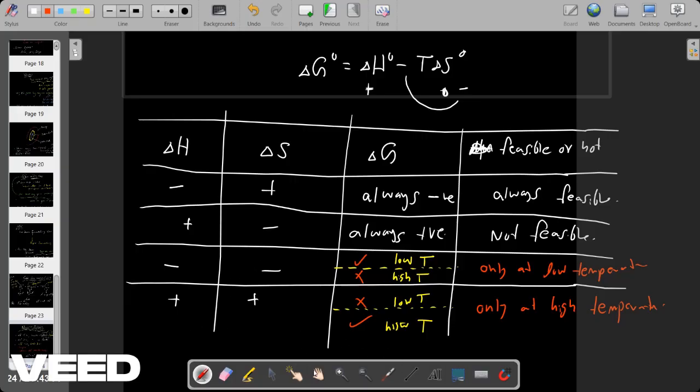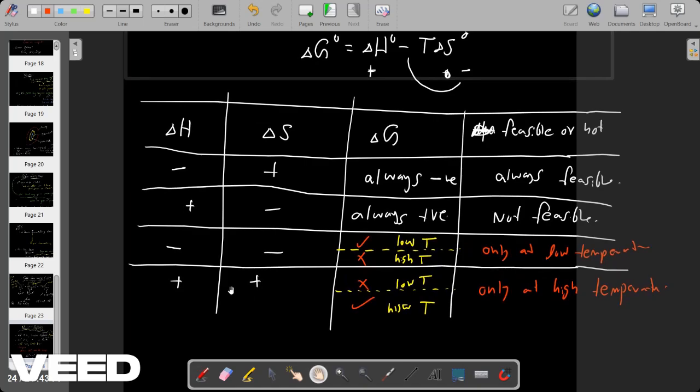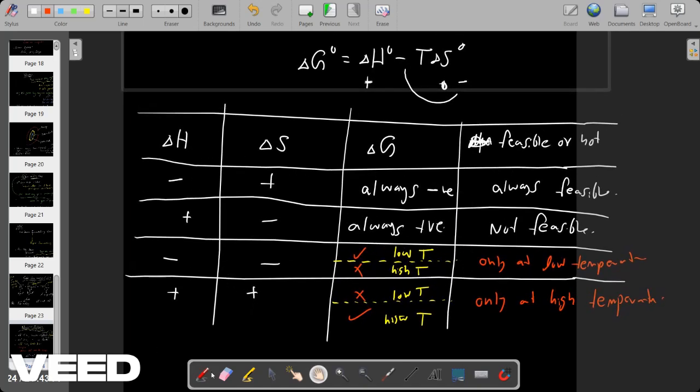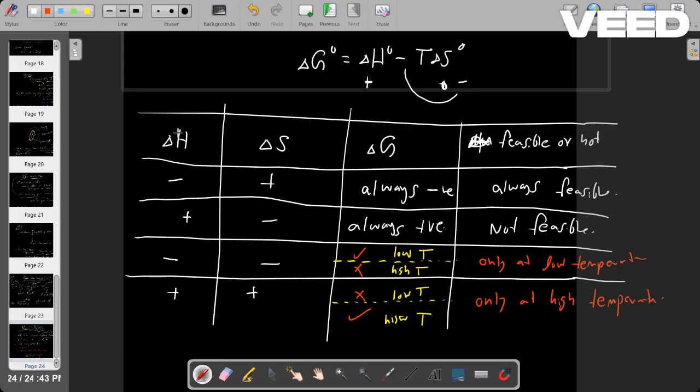And actually, we can summarize this. Right? We can tell now, delta H is negative means what? Reaction is endothermic or exothermic. If delta H is negative, what can you tell?